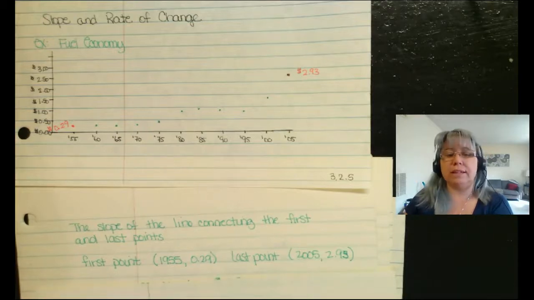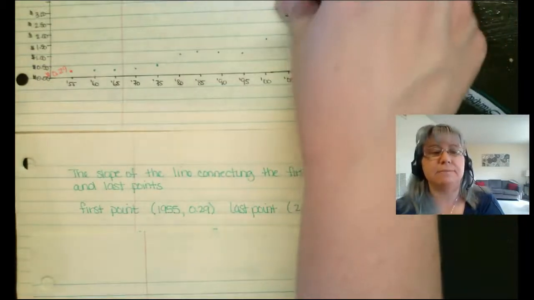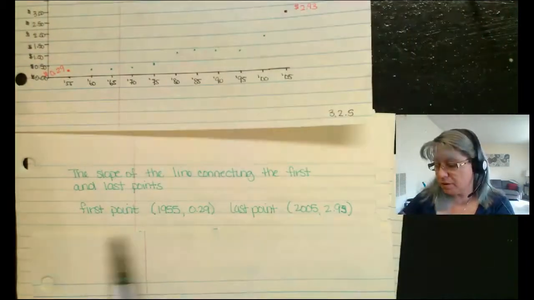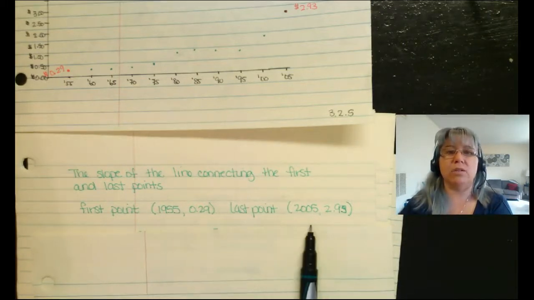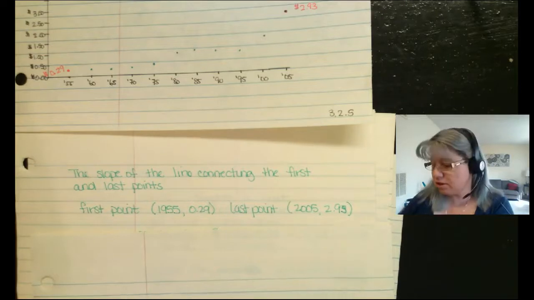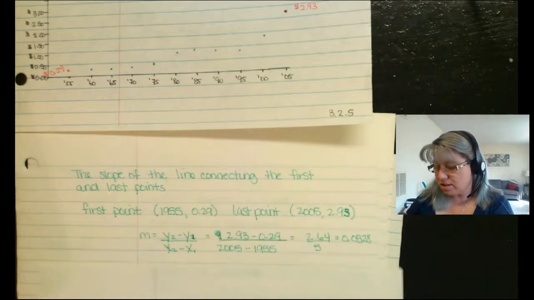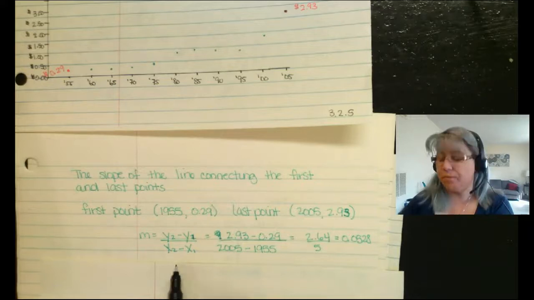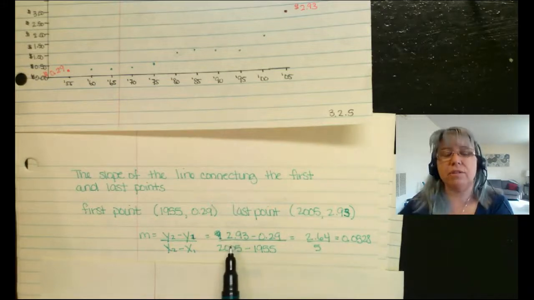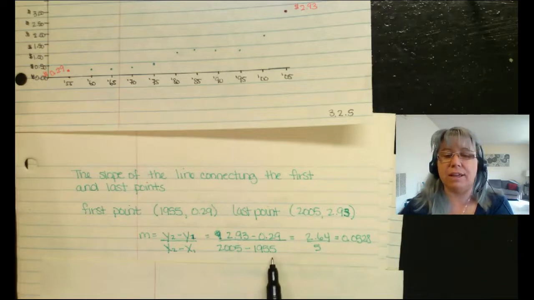So algebraically, we're going to use our 2 points, our first and last point. Our first point, 1955, 29 cents. Our last point, 2005, and $2.93. Using our slope formula, y2 minus y1 all over x2 minus x1, we're going to get 2.93 minus 0.29 all over 2005 minus 1955.